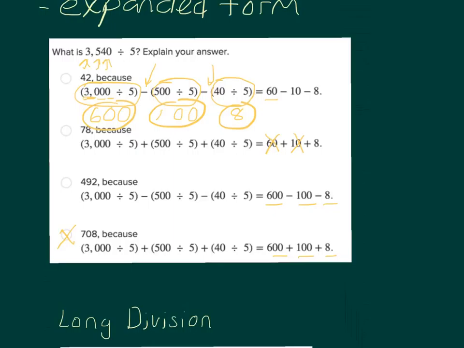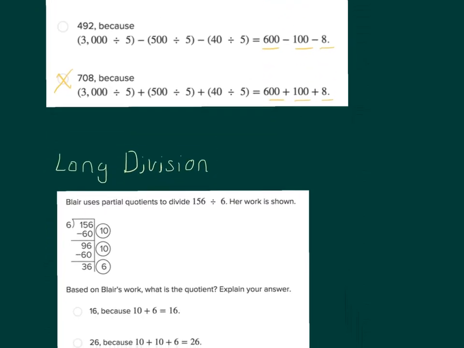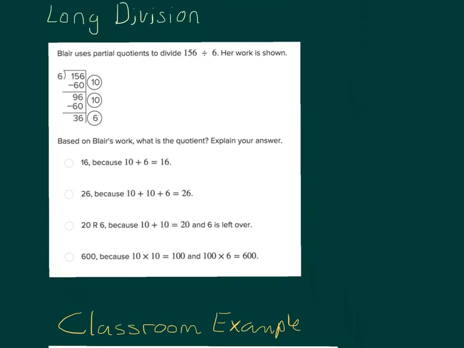Now let's look at another way to use partial quotients. And the last way, you can use it with long division. So let's make sure we understand what Blair did here to divide 156 by 6. She wrote it in long division form, and she knows that 60 is part of 156, this 60 right here.